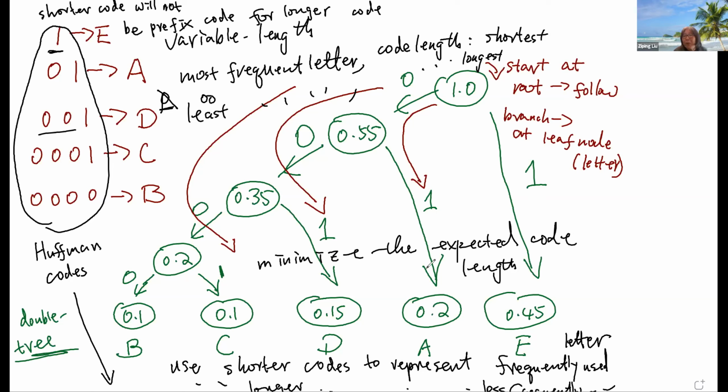The way we build the tree achieves the goal of minimizing the expected code length because it's variable. That's another feature. So this is a general idea about Huffman code. Next, we already discussed the concept of the Huffman tree.